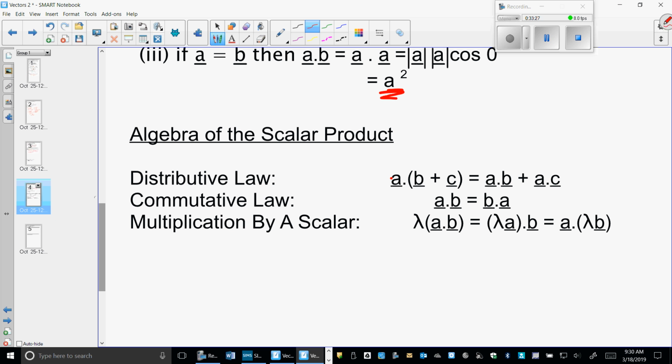So if it's A dot B, it's the same as B dot A. And if you've got a factor at the front, you're only going to multiply it by one of these before you dot product. So it's not like FOIL, you don't multiply by both of them.